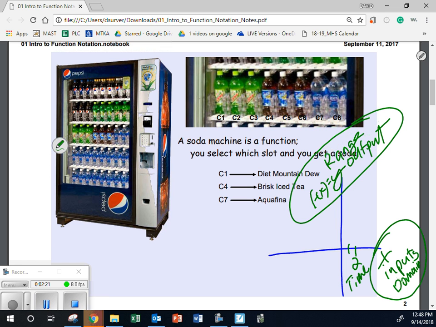Do you think time ever depends on anything? No, time is independent. So the bottom one down here, these are the independent things. And these are the dependent things. The ultimate independent thing is time, and the ultimate dependent thing is money.